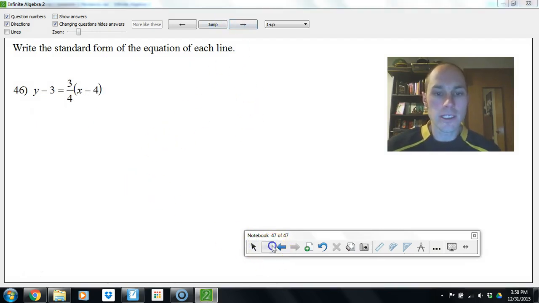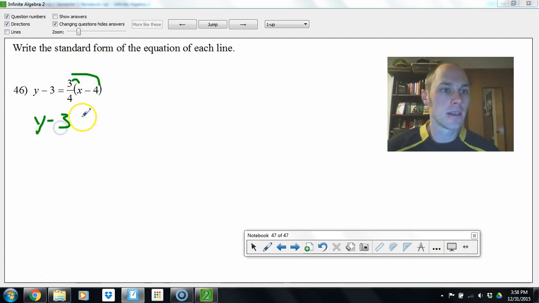So standard form once again, let's distribute. y minus 3 equals 3/4 x minus 3 times 4 is 12, negative 12, divided by 4 is negative 3. And let's get the x and y terms alone on one side.